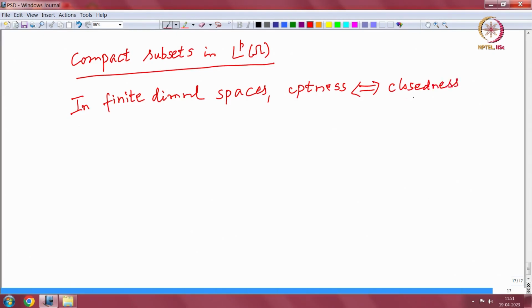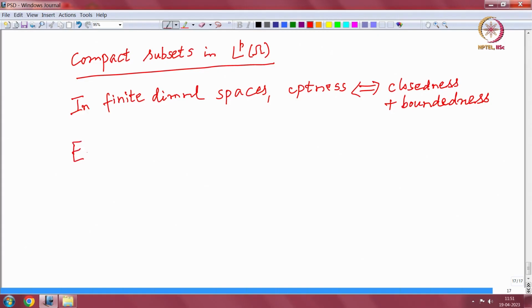This is your Bolzano-Weierstrass theorem. But in infinite dimensional spaces, compactness certainly implies closedness and boundedness, but the converse may not be true.